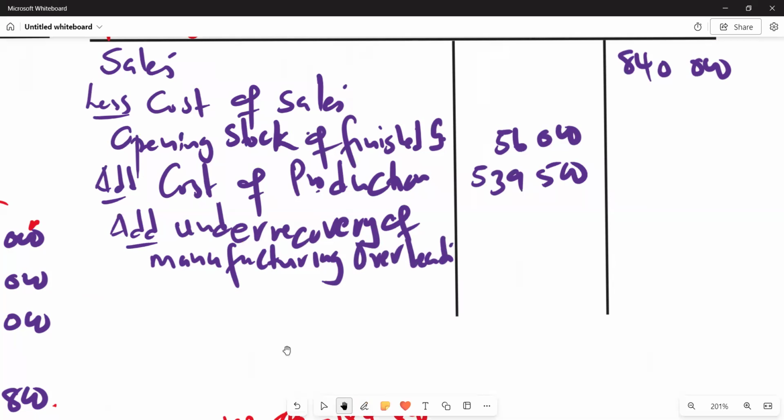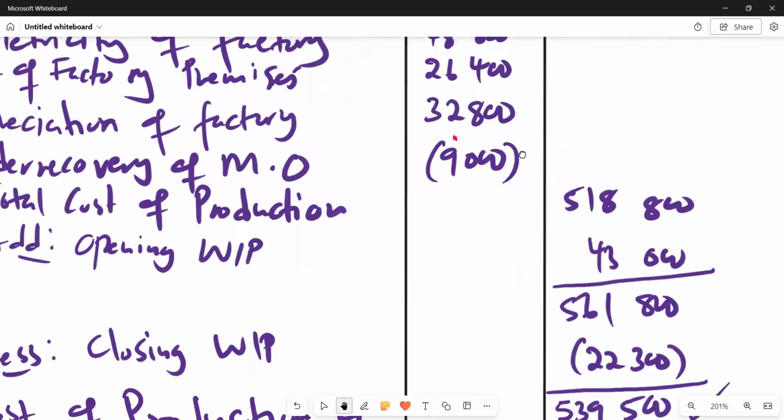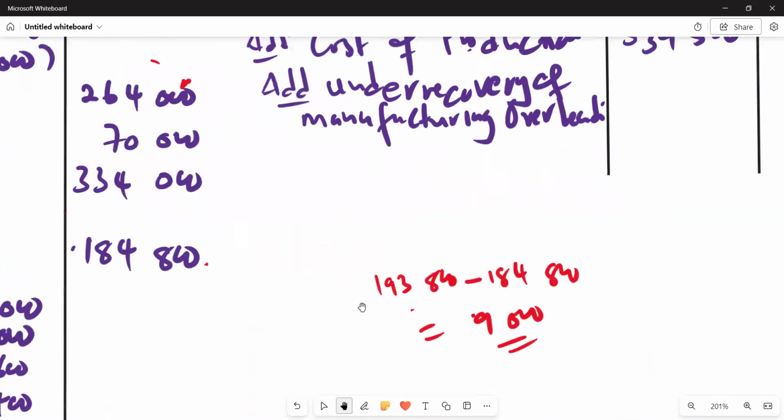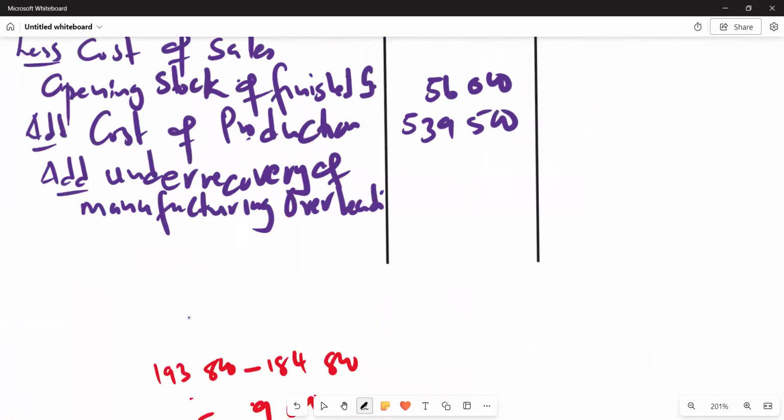So we can just refer back to see the amount that we have for under recovery. If this one is a negative figure, you are supposed to add it in the trading account. If you get a positive here, you are supposed to subtract it in the trading account. So this is what we have. We are going to just take 9,000 that we have here, and then we have got our 9,000.